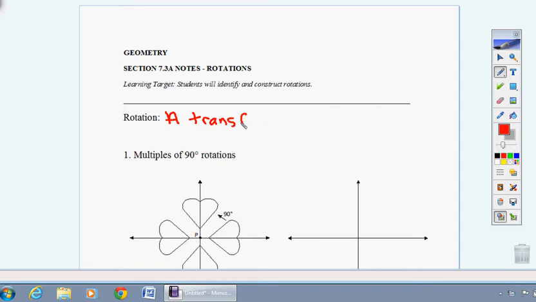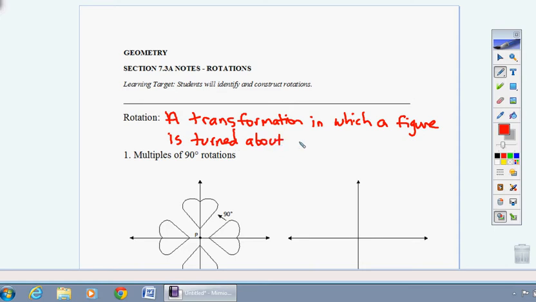So a rotation is a transformation in which a figure, it could be a point, it could be a square, it could be any type of quadrilateral, any type of polygon, it could be a heart as you see down below, is turned about a fixed point. So a transformation in which a figure is turned about a fixed point.